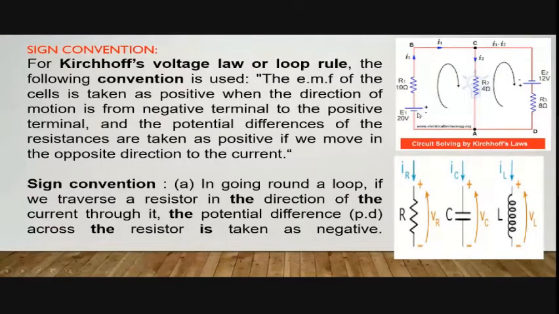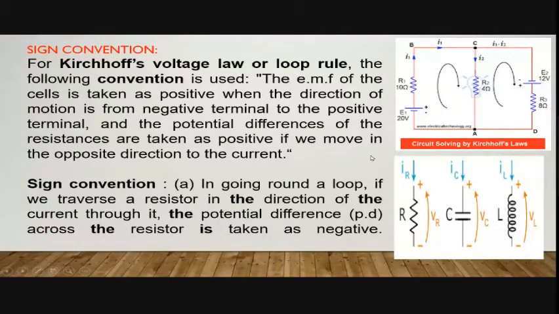Okay, so then EMF, see here, EMF of the cell is taken as positive when direction of motion is from the negative terminal to the positive terminal. Now we are moving in which direction? From the negative terminal to the positive terminal. Okay, so this direction we have to take as positive, and the potential difference of the resistances are taken as positive if we move in the opposite direction of the current.